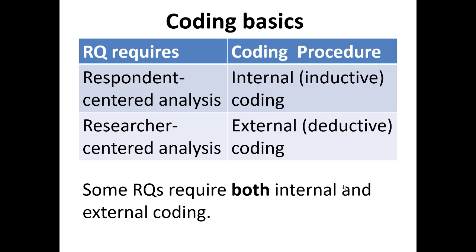So those things might give me some ideas for codes that I would already come up with beforehand. And so often these come from my literature review. But also, it's good to have internal or open or inductive coding to see if there's other things that arise that you hadn't thought about before you started the research.